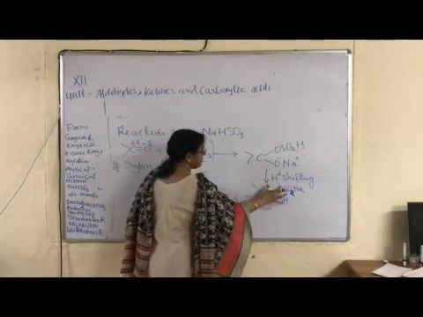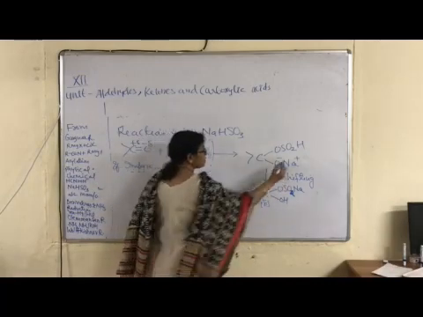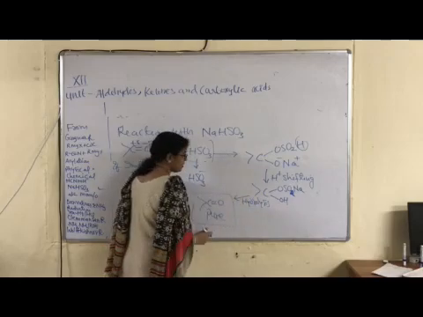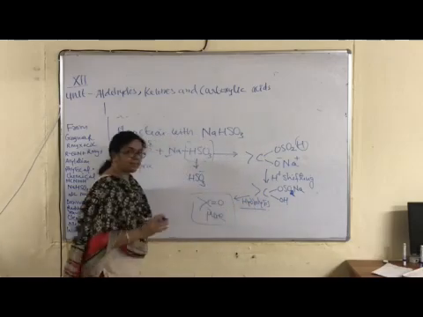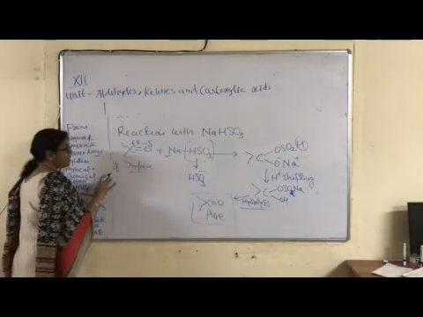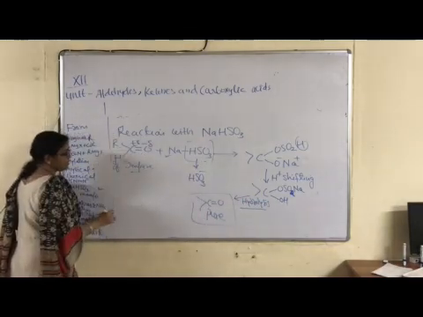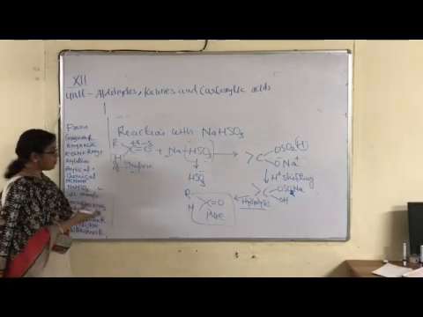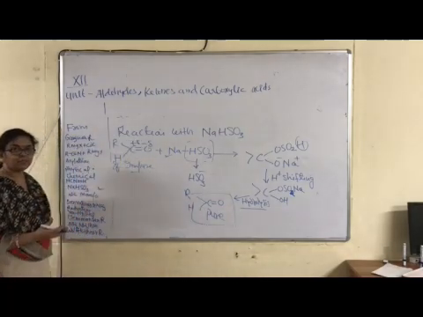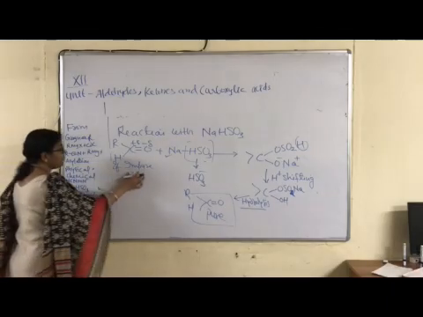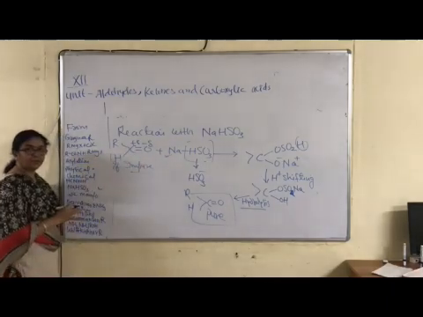Okay children, the first step is attack of this nucleophile. The second step is proton shifting, shifting of this hydrogen ion to this oxygen. Right, this one is also an intermediate. When acidic hydrolysis is done, what is obtained? The same carbonyl group. Suppose this carbonyl is an aldehyde, the same aldehyde is obtained. Then what is the importance of this reaction? By this method, we can refine, we can purify an impure carbonyl compound, right?